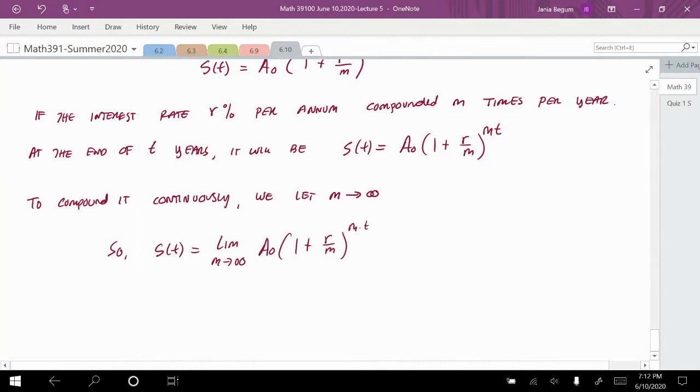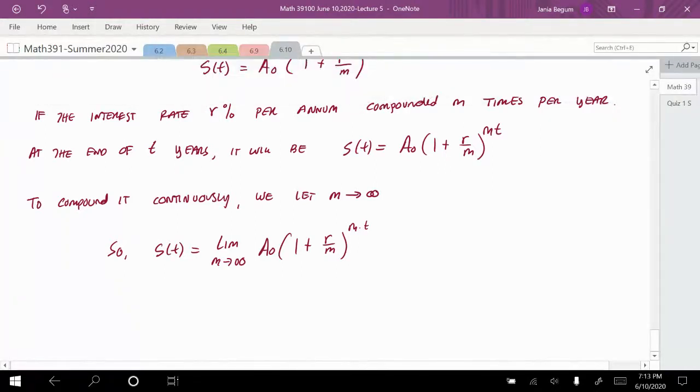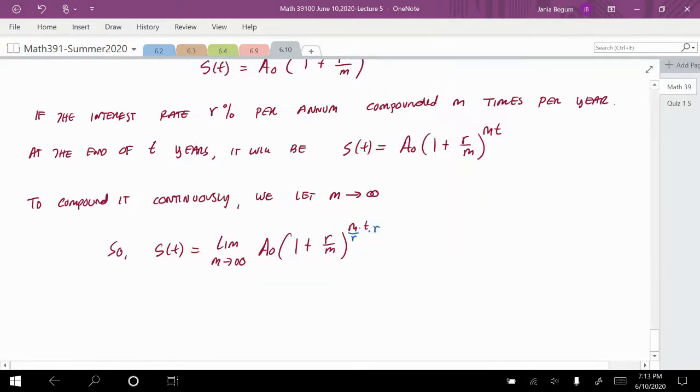Now, to take this limit, we're going to do something cute, okay? I'm going to make you recall something from the past again, but I'm going to modify it before I do that. I'm going to divide this by r and multiply it by r at the same time, so I maintain 1. If I do that, observe what happens. a0 is just a constant.